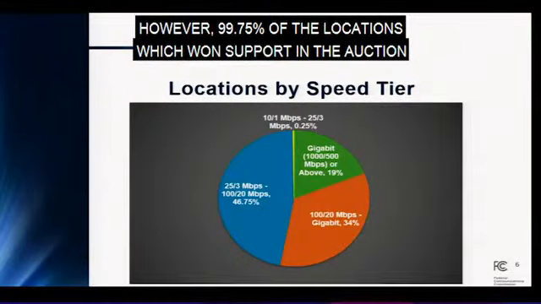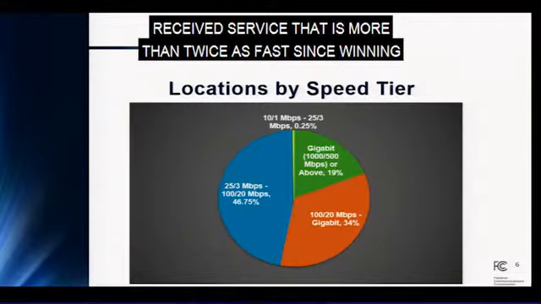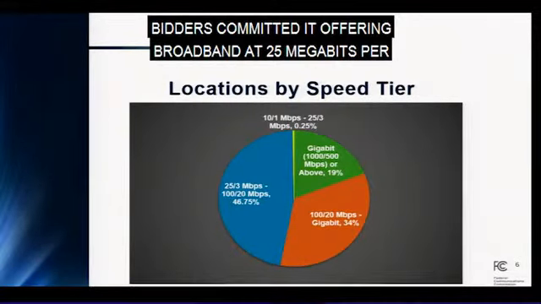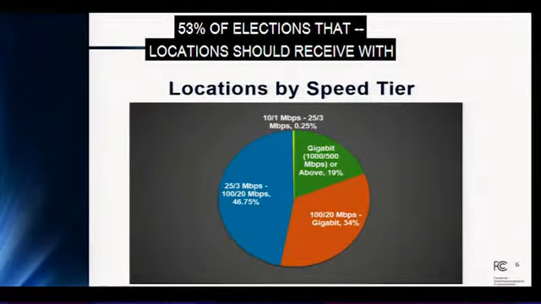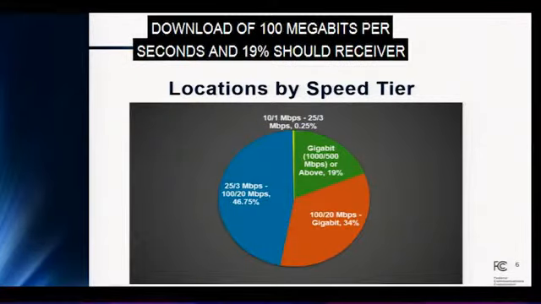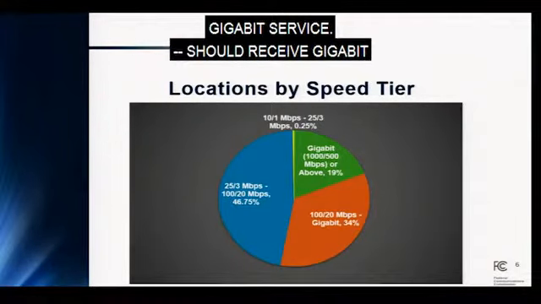However, 99.75% of the locations which won support in the auction should receive service that is more than twice as fast, since the winning bidders committed to offering broadband service at 25 megabits per second down and 3 megabits per second up or higher. 53% of locations that won support should receive broadband service with download speeds of at least 100 megabits per second, and 19% should receive gigabit service.